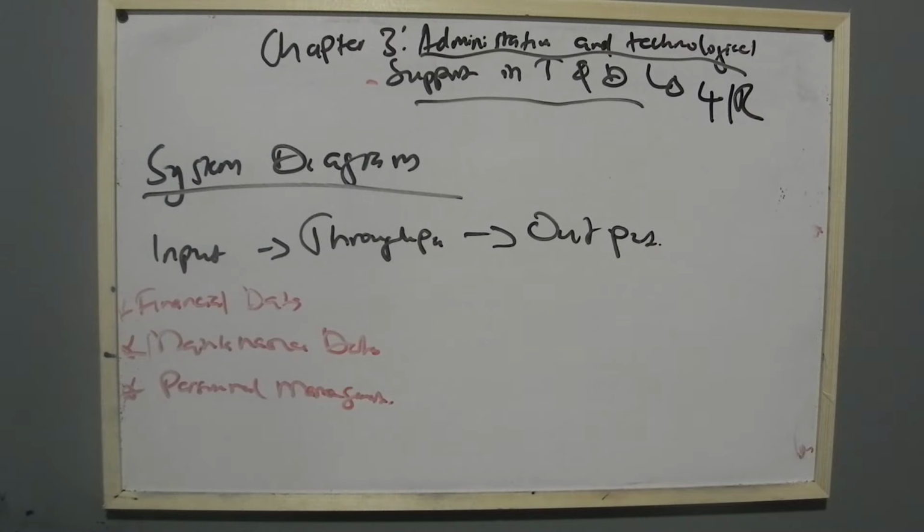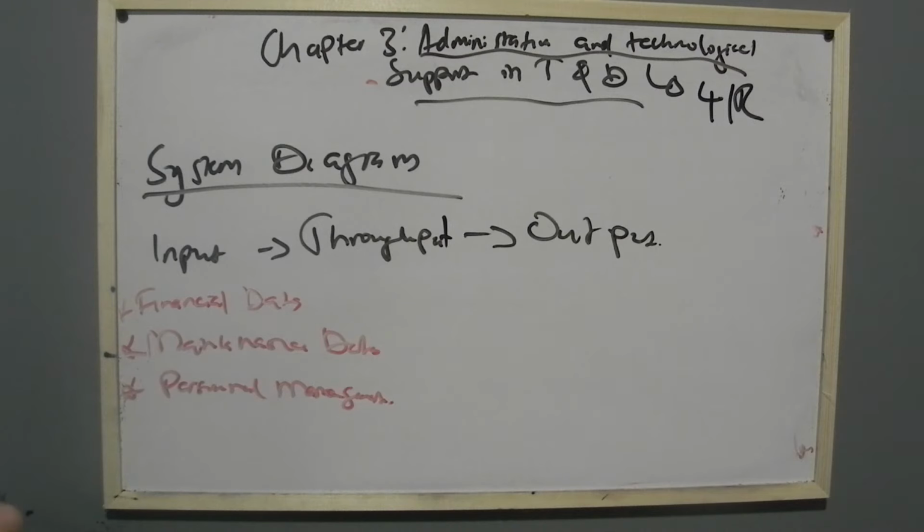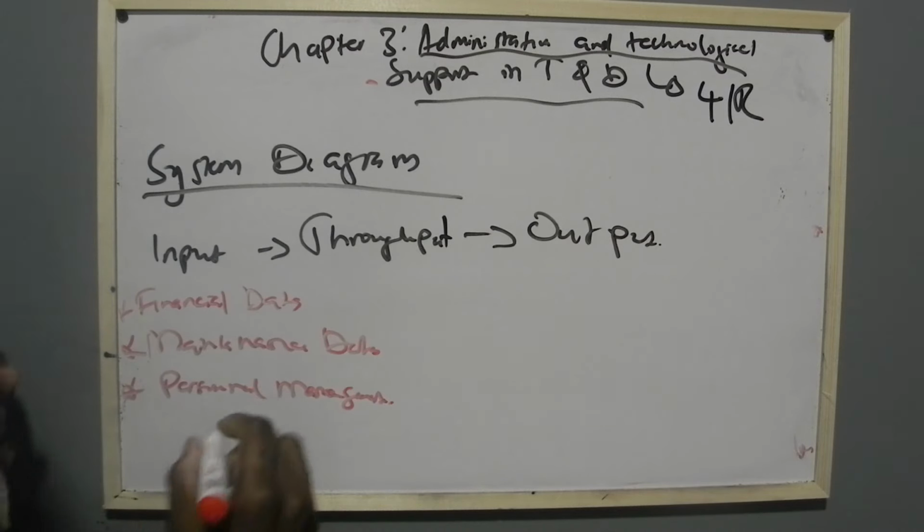And then in the throughput, we include information such as the human resource development information system.